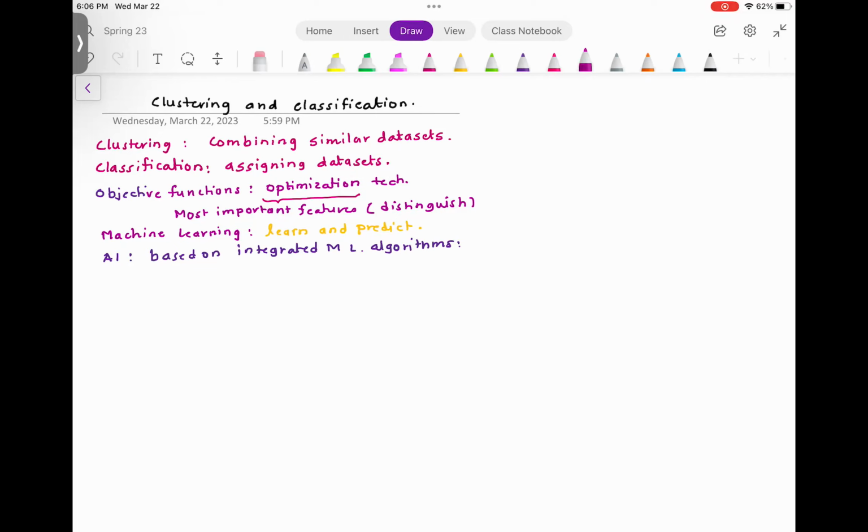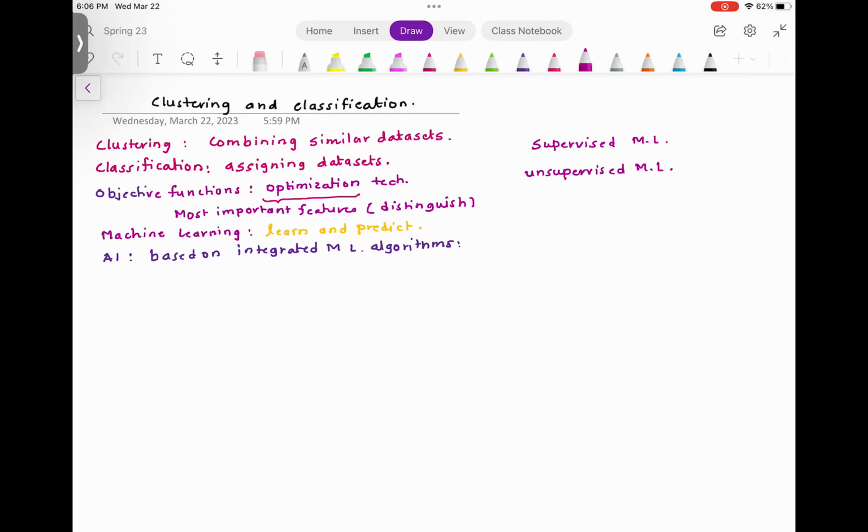So whenever someone talks about machine learning, there are two types of machine learning. One is supervised machine learning, and the second one is unsupervised machine learning.